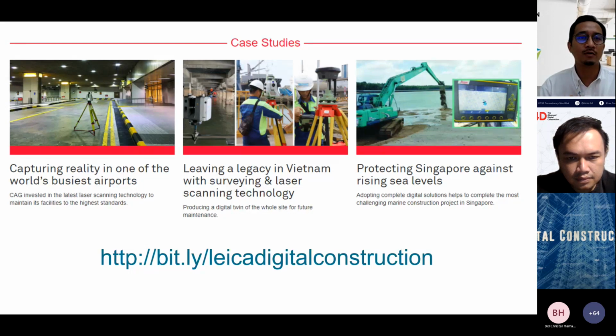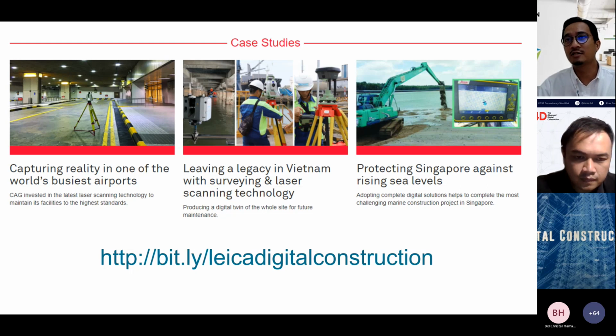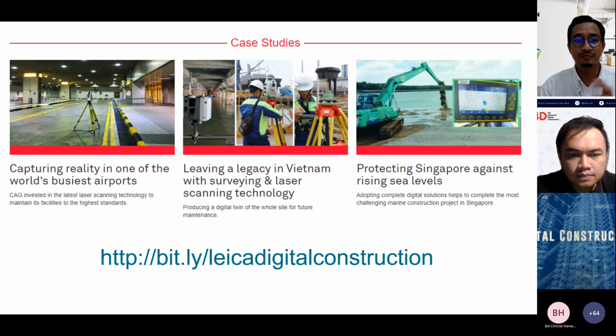For example, the first one on the left is Changi Airport, and then we also have Port Coast in Vietnam, which fully utilizes the professional solution for coastal work. They use laser scanning technology to digitalize most of the Vietnam sea line. Then last is one of the Singapore case studies as well. So that is pretty much it.